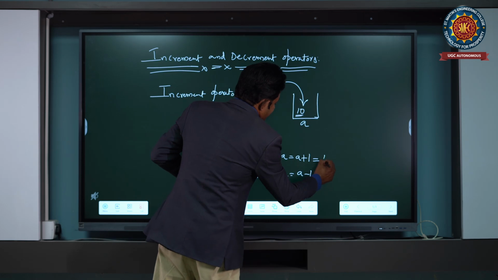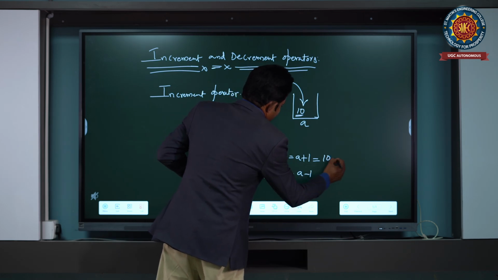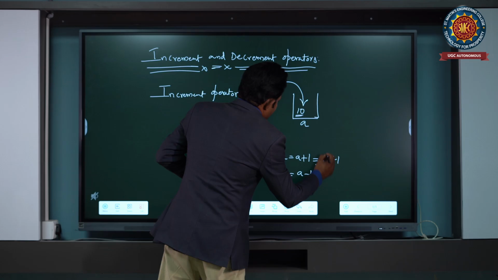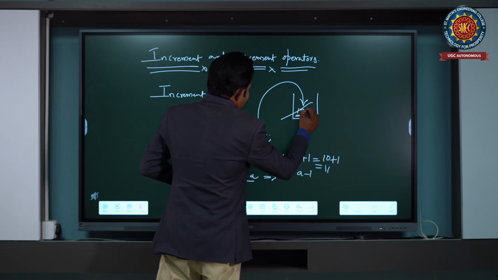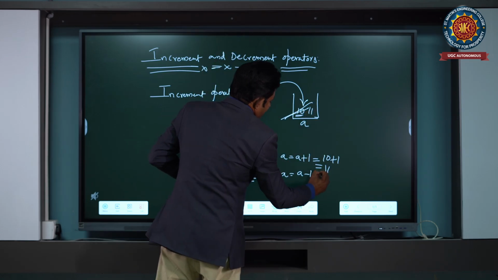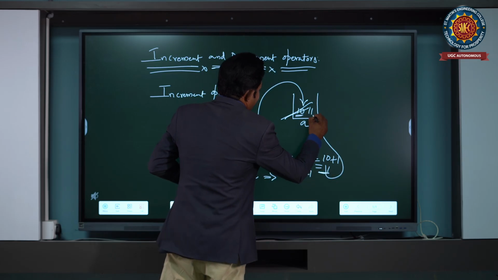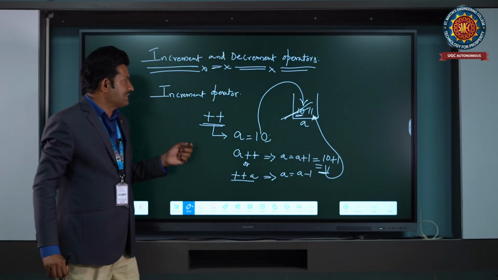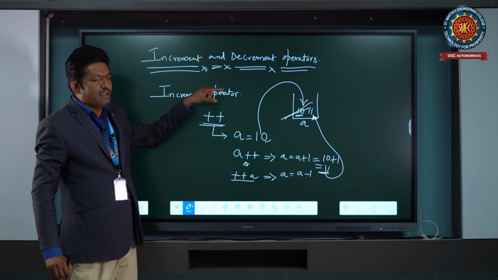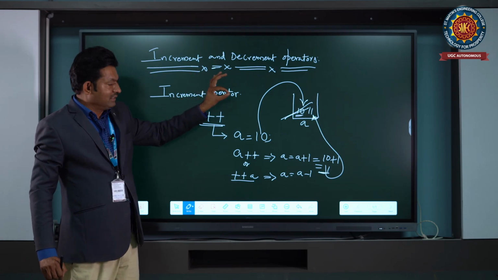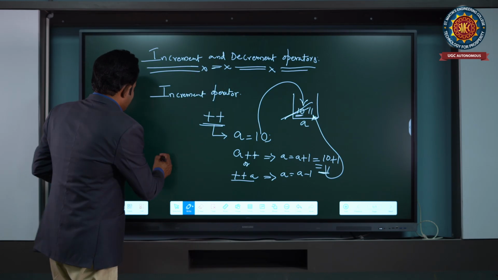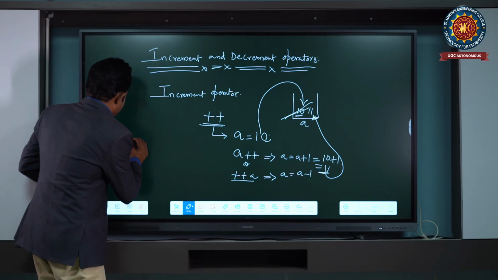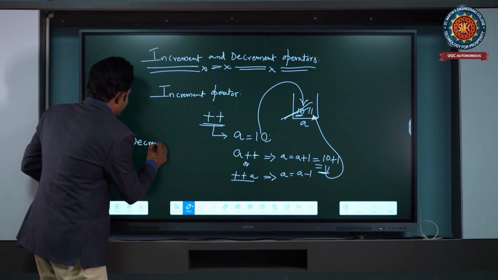The initial value of A is 10, and A plus plus means 10 plus 1, that is equal to 11. So the new value of A is now 11. Increment means increasing the variable by 1. Next one is the decrement operator.